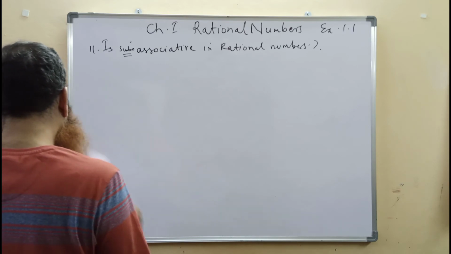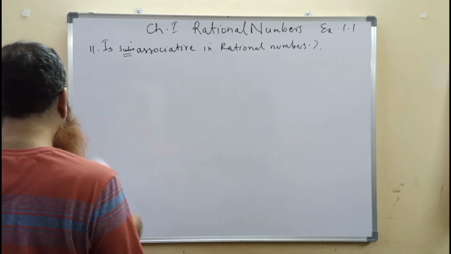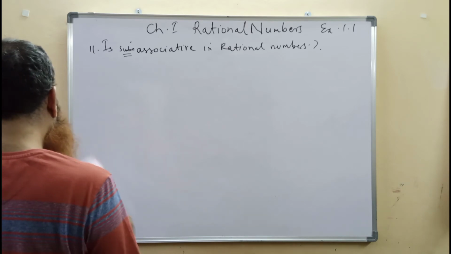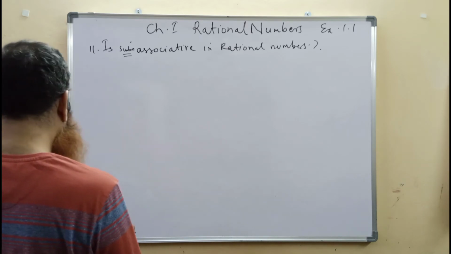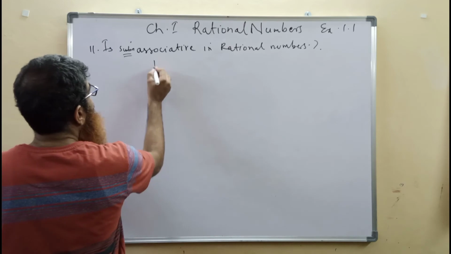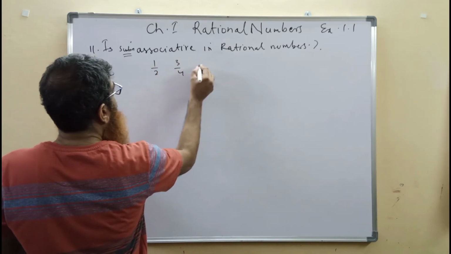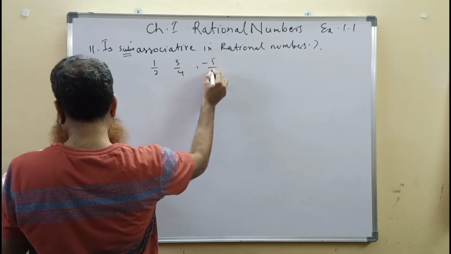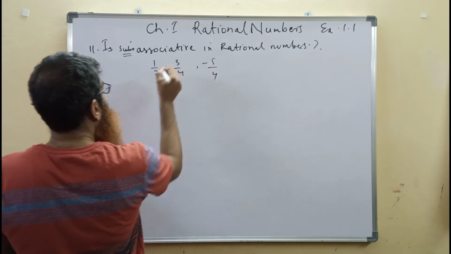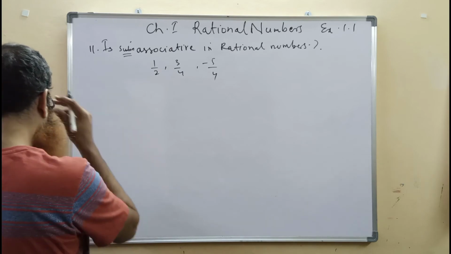We have learned this before. Let's do it with an example. Let's take three numbers: 1 by 2, 3 by 4, and minus 5 by 4. Three rational numbers we have taken here.